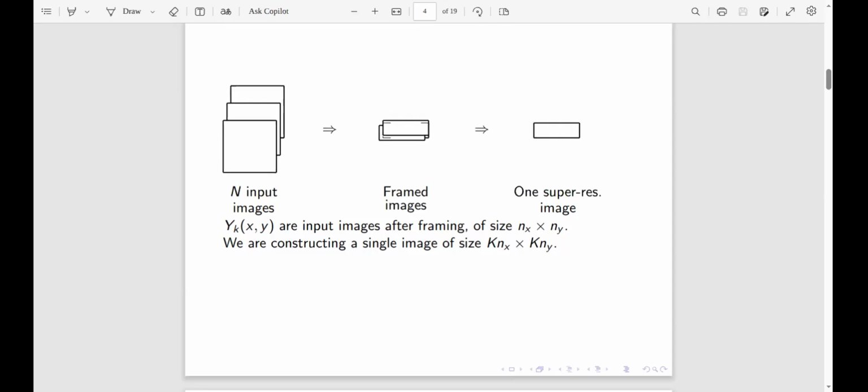Then we try to get the intersection, the common area that is on all of these images, and n_x times n_y is the size of this common area.